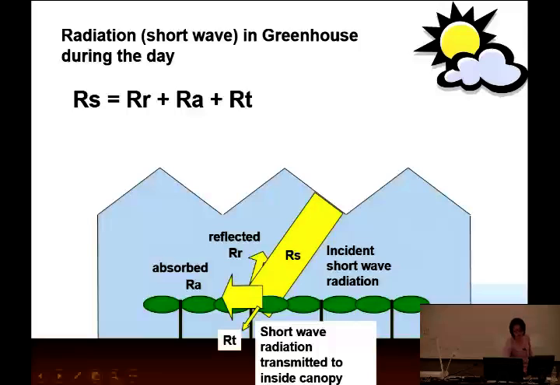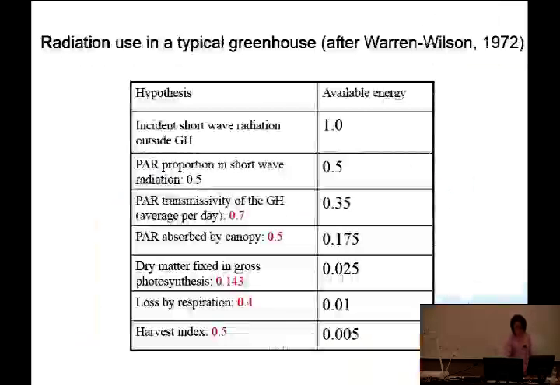So again, this equation means the shortwave radiation over the canopy equals three components, and you want to have the absorbed component at its maximum in this case, right? Okay, so this number is really helpful for understanding how much energy coming from the light is actually utilized for plant structure or body, biomass.